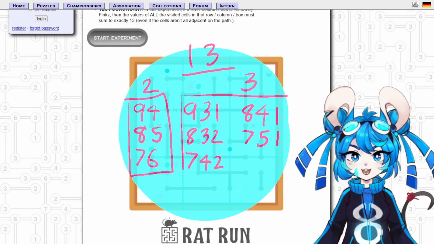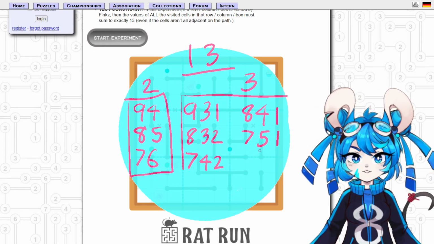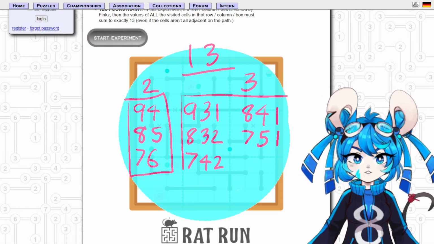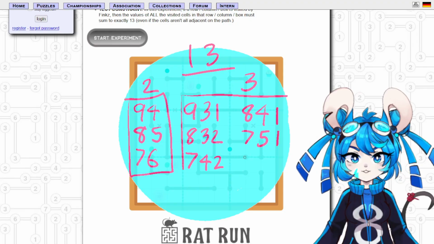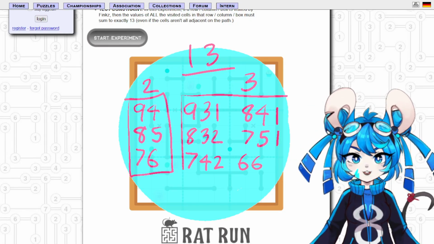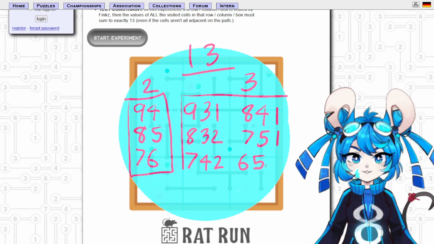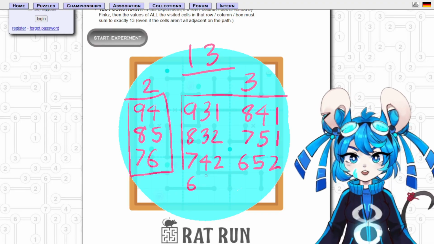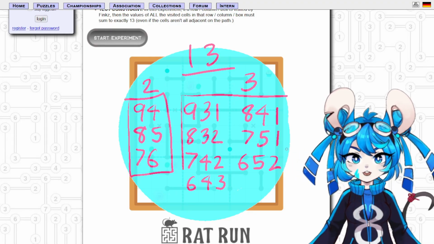And then, let's see, 6. Because we can't have any repeats, it can't go down to 733. And then, let's see, for 6 it can't be 6, 1, so we have to do 6, 5, 2, 6, 4, 3.